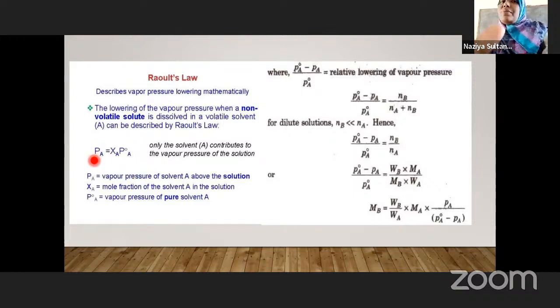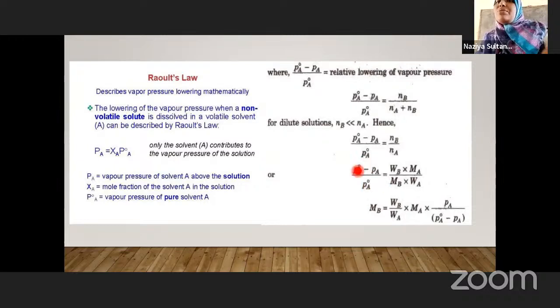We know that the sum of the mole fractions of solute and solvent is equal to 1. So if this is the solvent, the solute would be 1 minus XA. Upon solving, we get (P naught minus PA) by P naught. This is what is called the relative lowering of vapor pressure.